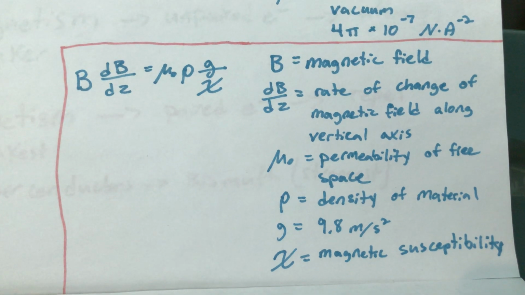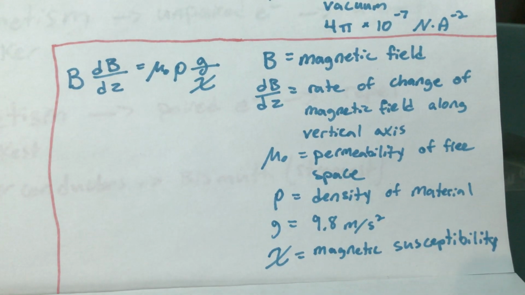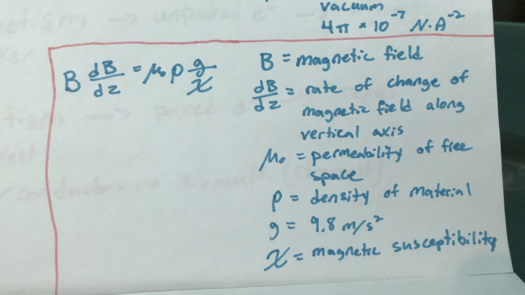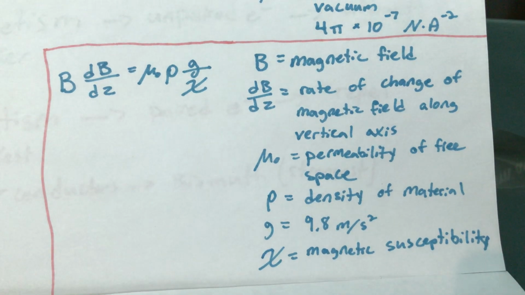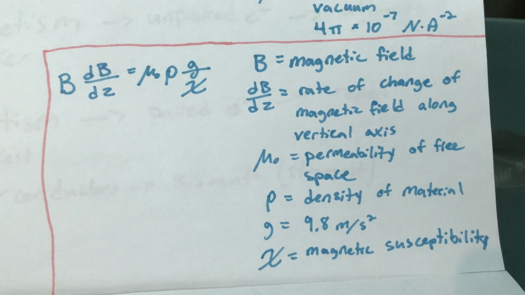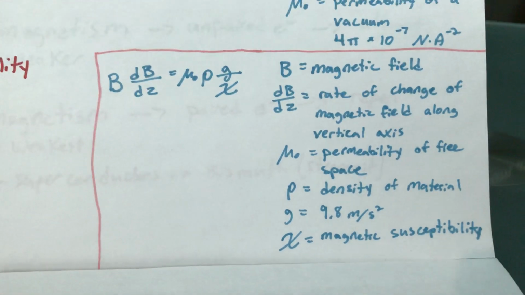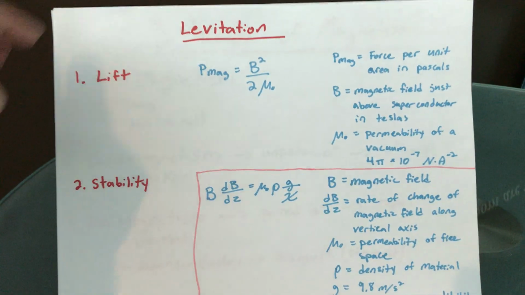So you have the magnetic field times the rate of change of the magnetic field along a vertical axis equal to the permeability of free space times the density of the material times gravity divided by the magnetic susceptibility. So with those three things, we can achieve levitation.